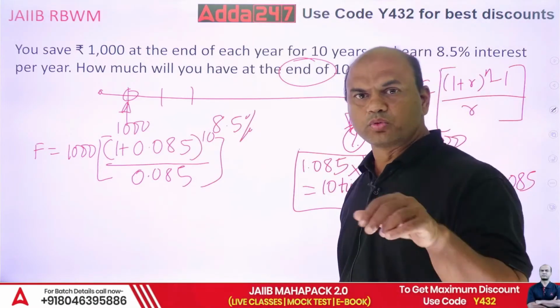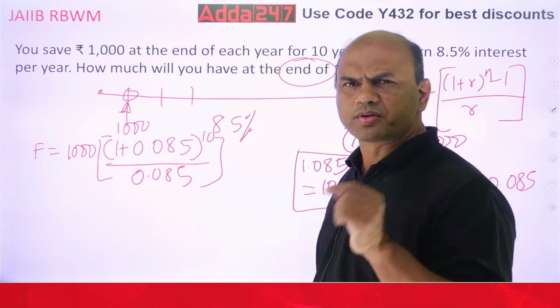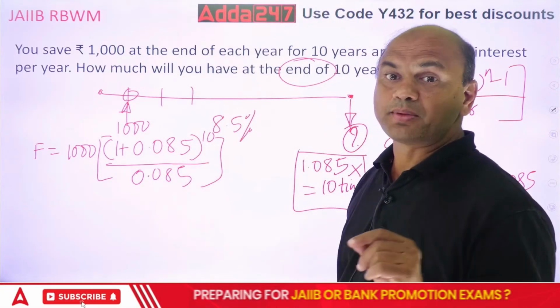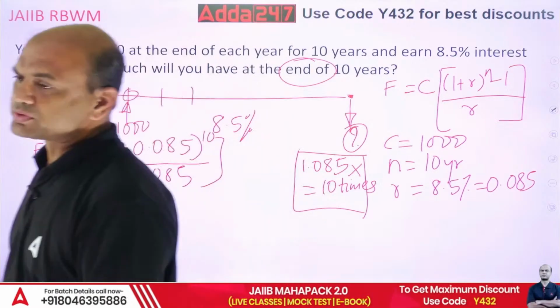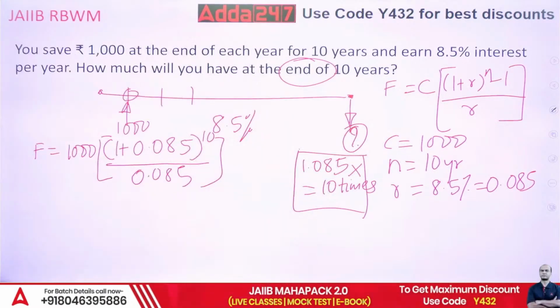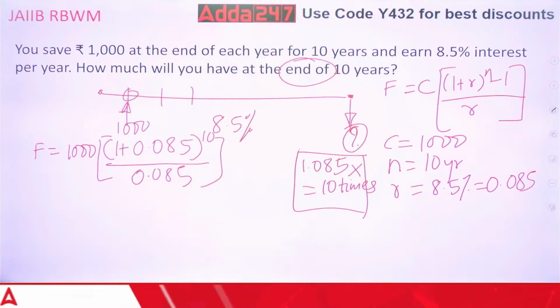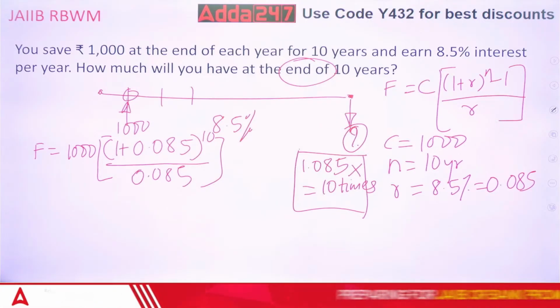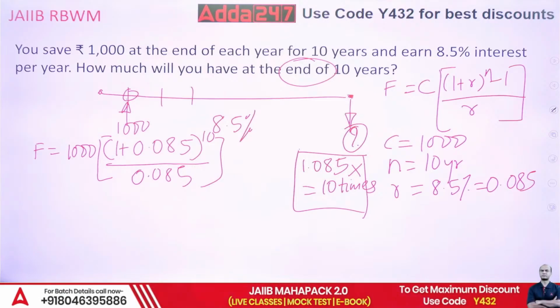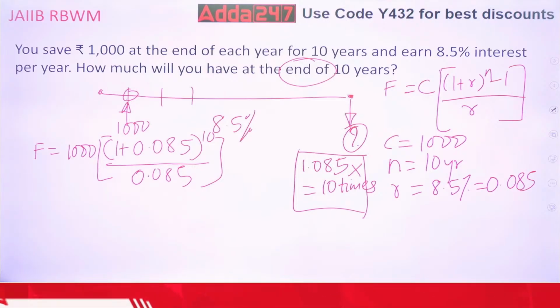Go on pressing it on that black calci or your normal commercial calci. You are not allowed to use scientific calci in your exam. So you'll have to practice on commercial calcis only.